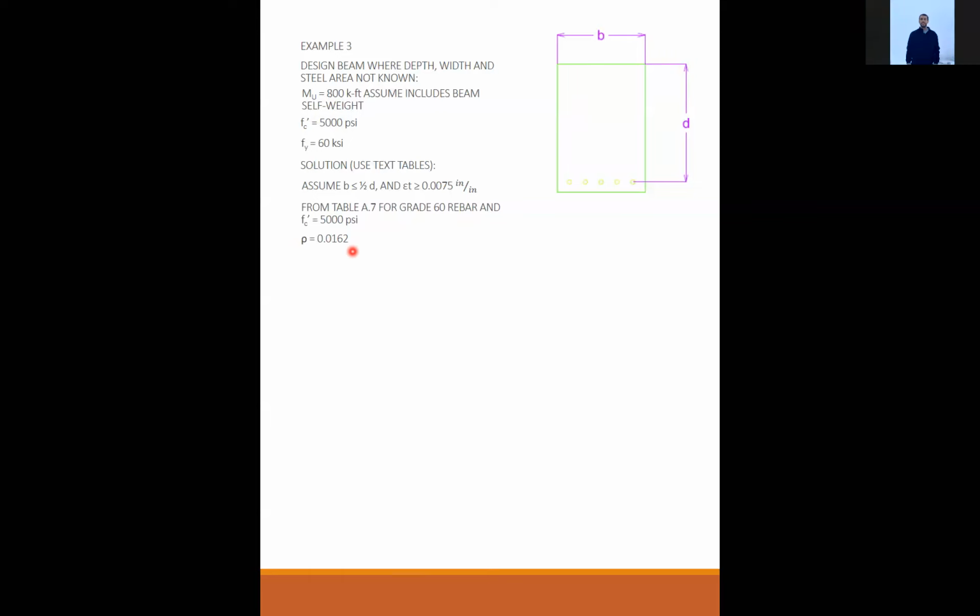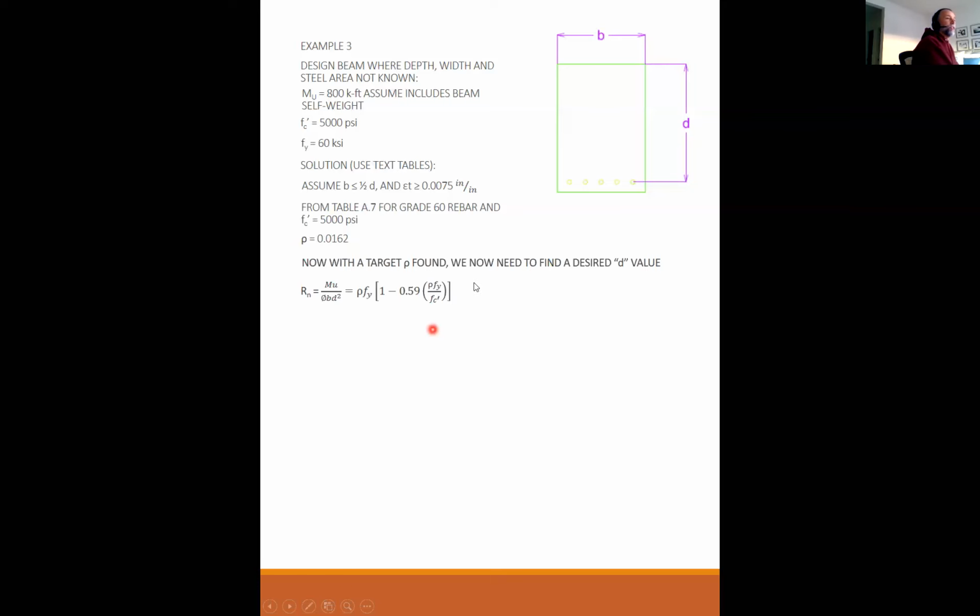Okay. So with a target rho found, we now need to find a desired value for d. So again, we use R sub n is equal to Mu over phi b d squared, which is equal to this expression with rho and fy. I can plug in rho, I have fy, and f prime c. And I have R sub n equal to 0.861 KSI.